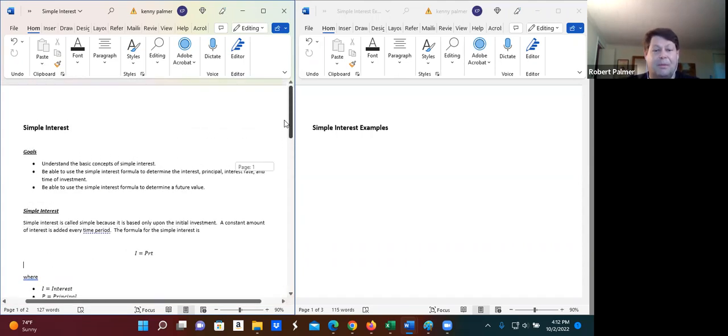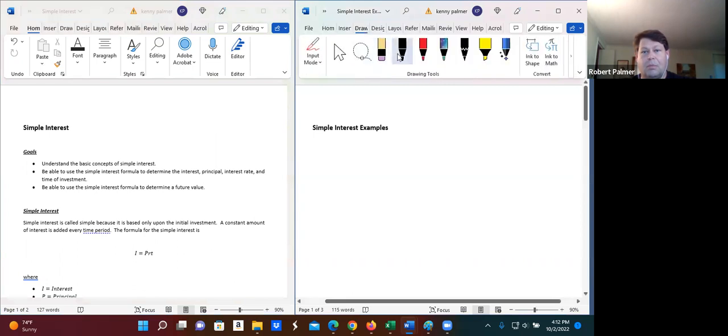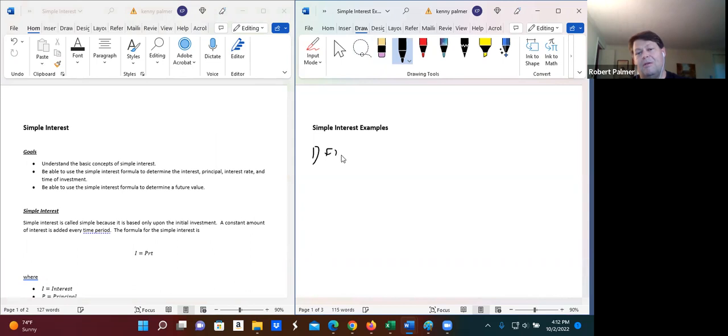Now, let's take a look at some examples up on the right. Number one, find the interest I if we have the following. Let's say our P, our principal, is $15.